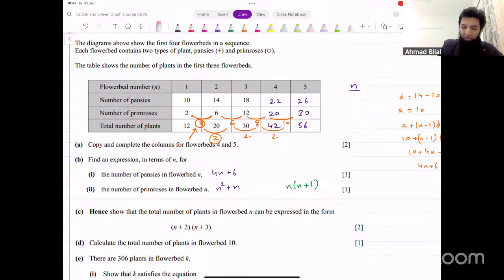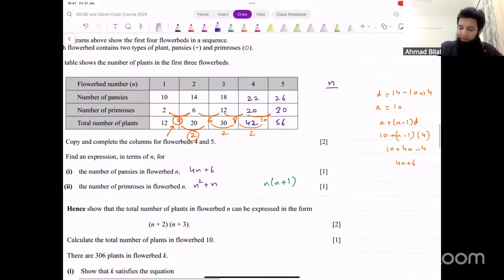So 2 is 1 times 2. And then 6 is 2 times 3. And then 12 is 3 times 4. And then 4 times 5 is 20. So you see the pattern.